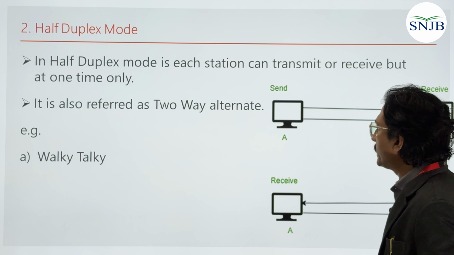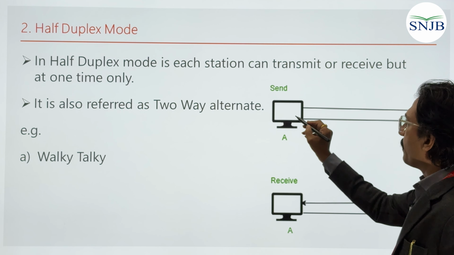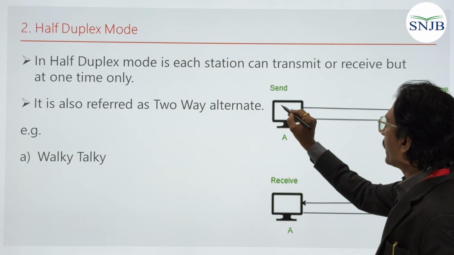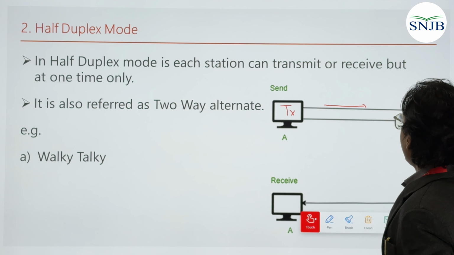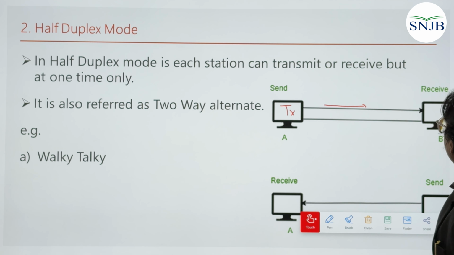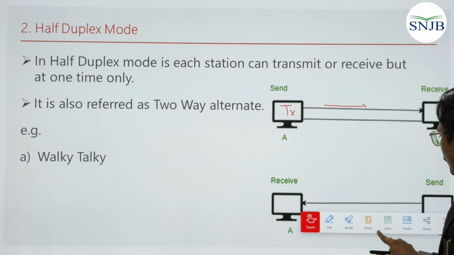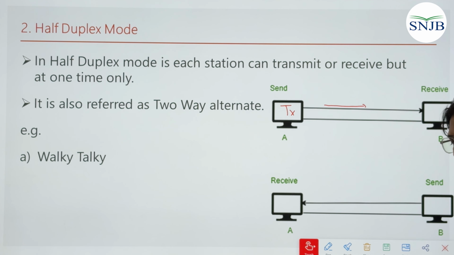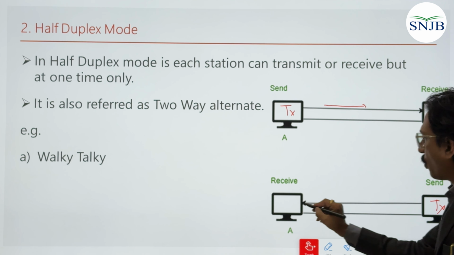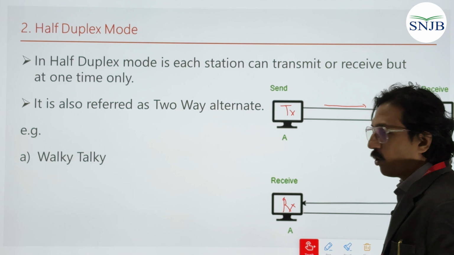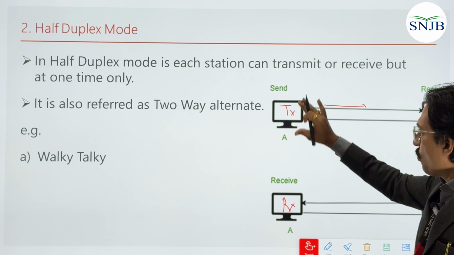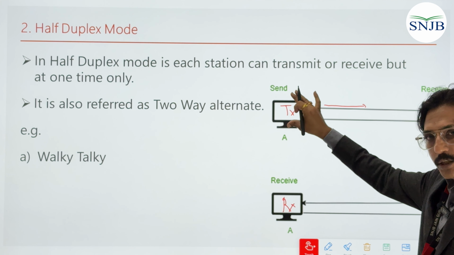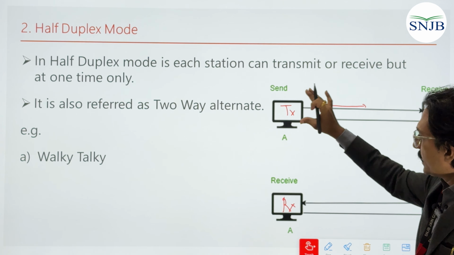As far as half duplex is concerned, at one time, if this is a sender or transmitter, then it can transmit the signal and this node can receive the signal. In the other case, this node becomes the sender and this node becomes the receiver at another time. So in a time-sharing mode, one node can act as a transmitter in one time slice and as a receiver in another time slice.